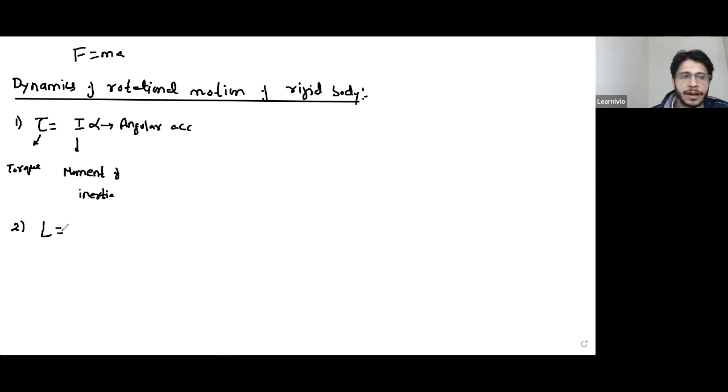In the same way, angular momentum is L equals I into omega, where L is angular momentum, I is moment of inertia, omega is angular velocity.